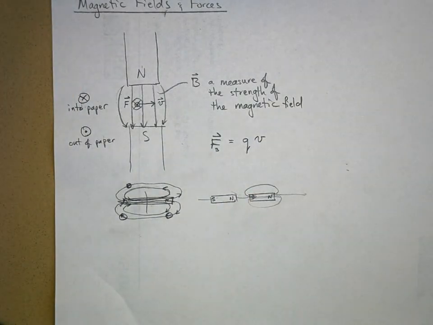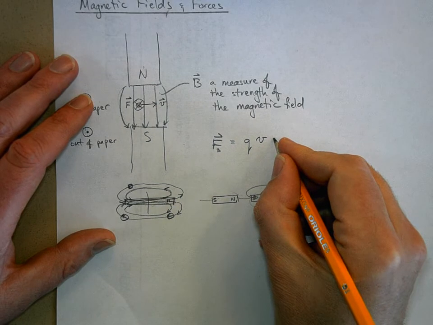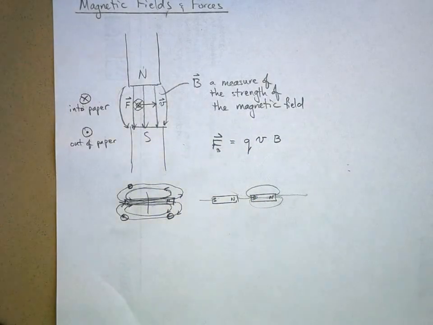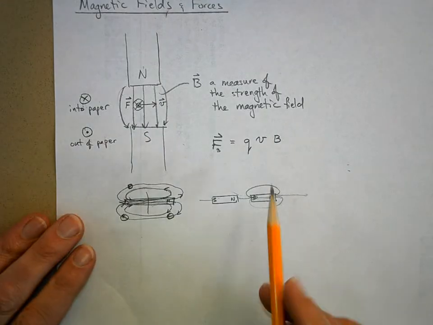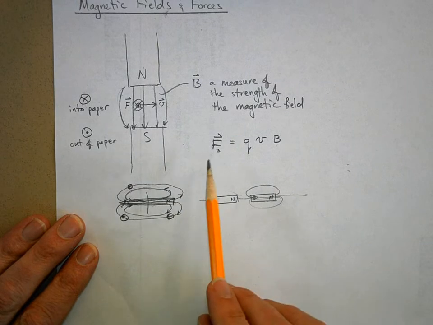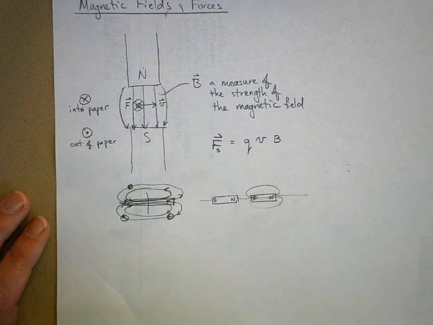The force is proportional to the velocity of the object. If it's going twice as fast, you'll feel twice as much force. This is what we observe. It also depends on the magnetic field. The stronger the magnetic field, the greater the magnetic force. That makes sense.